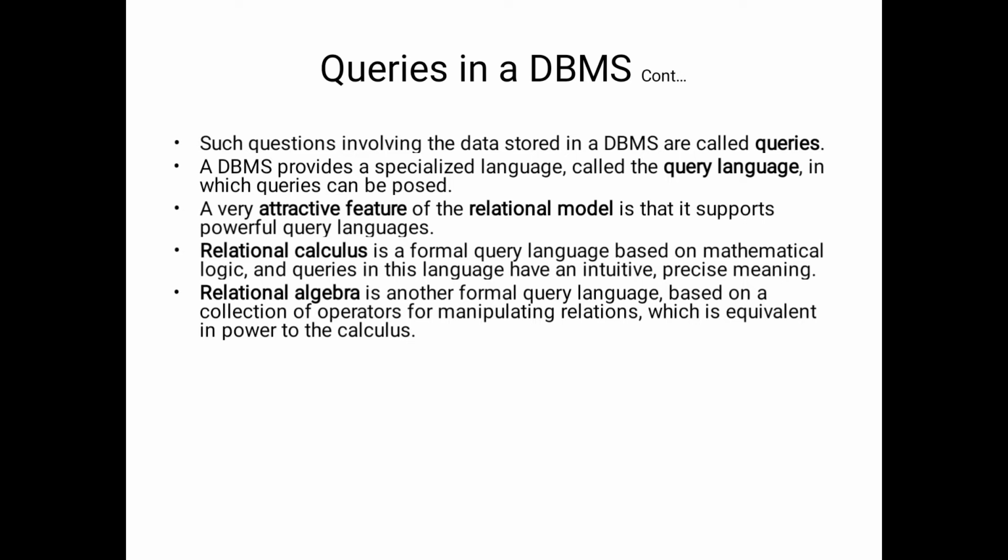Relational calculus is based on mathematical logic, and queries in this language have an intuitive, precise meaning. Relational algebra is another formal query language, based on a collection of operators for manipulating relations, which is equivalent in power to the calculus.